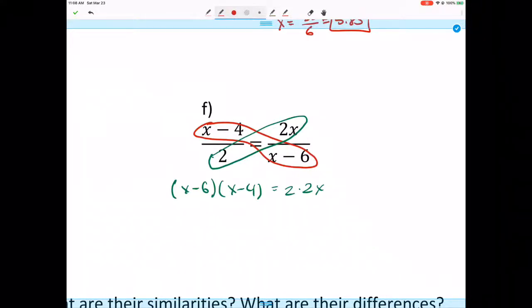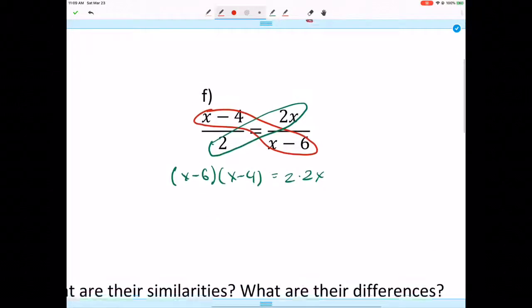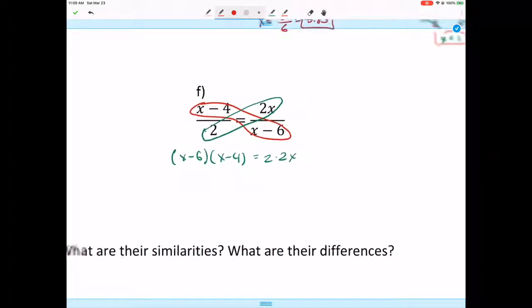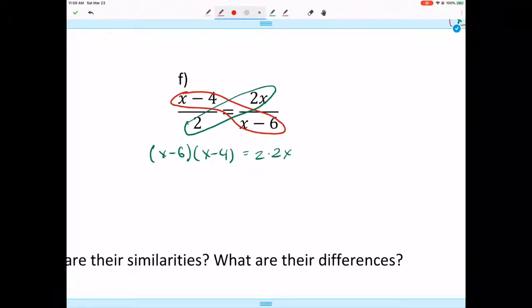What's encircled in red is x minus 4, which is right here, multiplied by x minus 6, and the green side is 2 times 2x. Right, so it is the same thing, it's just a quick way to do that. Okay, cross multiplication.